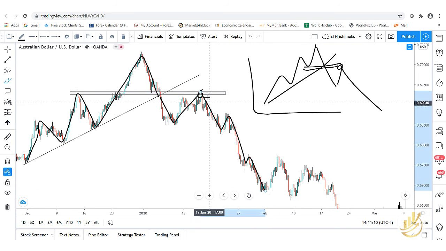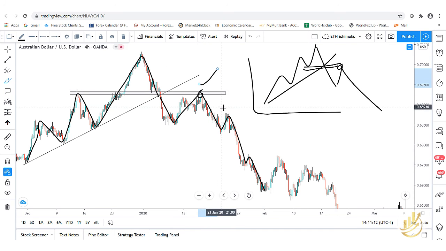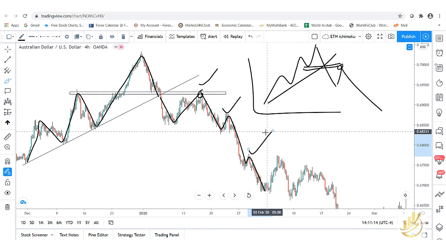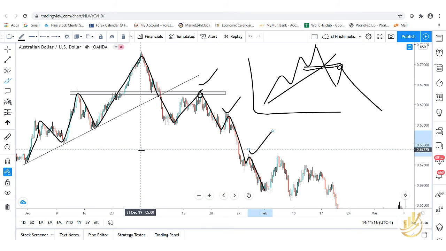So you have a selling opportunity here, here, and here, because you focused on price action, right?